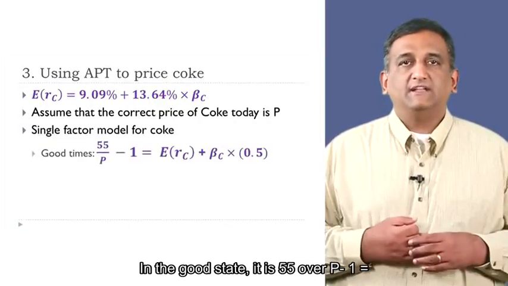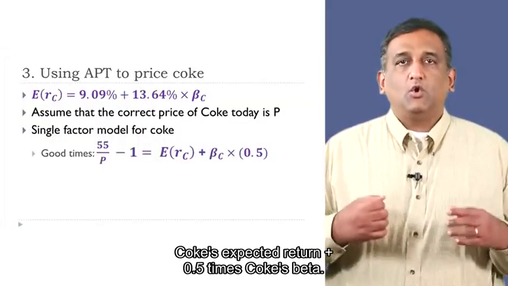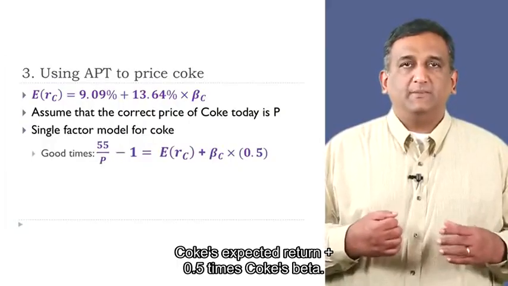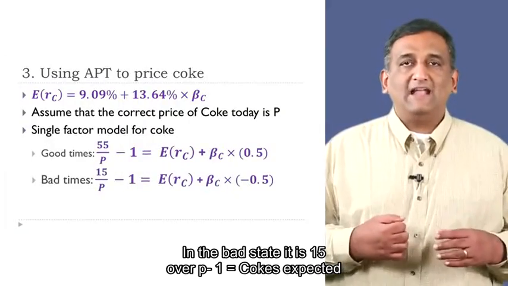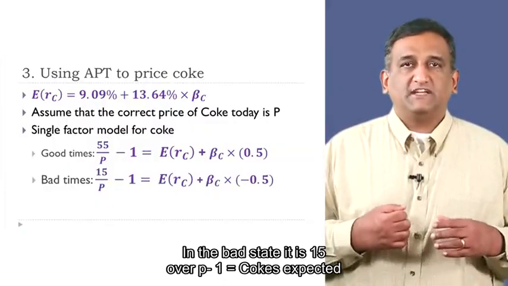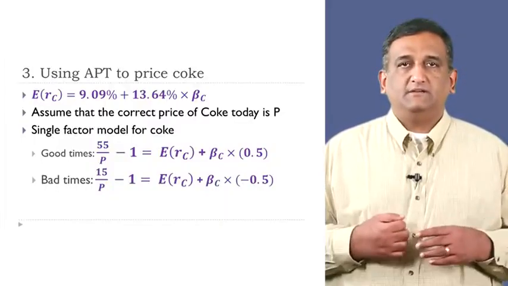In the good state, it is 55 over P minus 1 equals Coke's expected return plus 0.5 times Coke's beta. In the bad state, it is 15 over P minus 1 equals Coke's expected return minus 0.5 times Coke's beta.